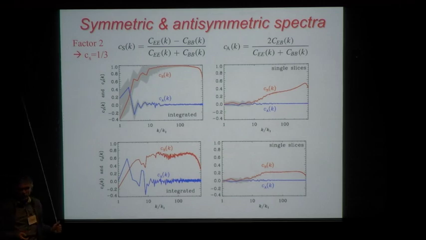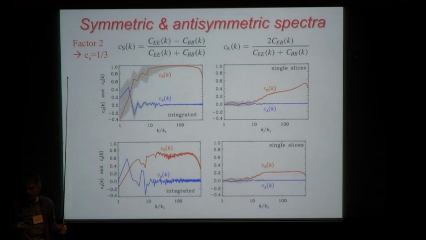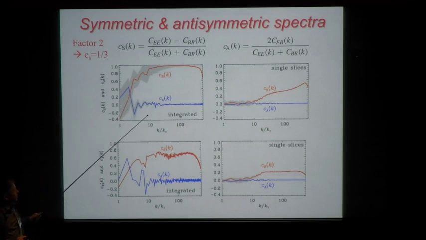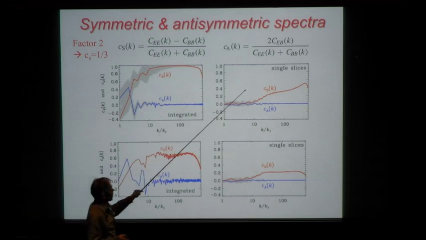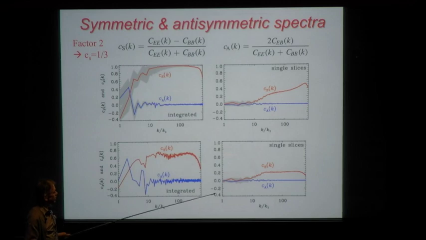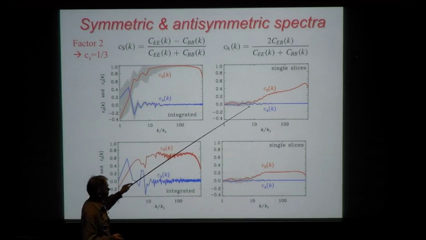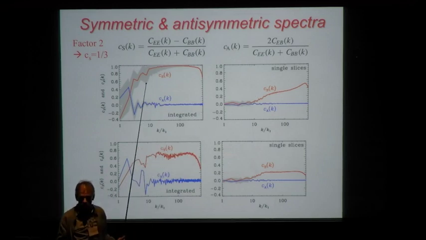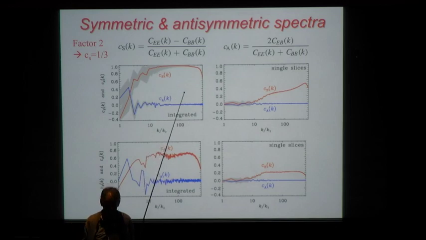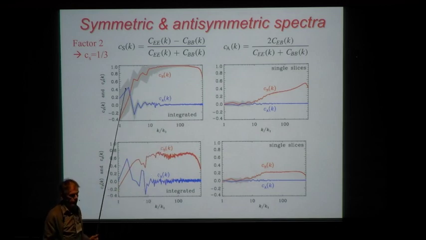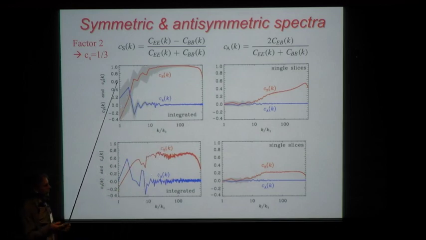So we can look at such maps in two different ways. On the one hand, we can look at the map in a single slice, and on the other hand, we can look at this in the integrated case, integrated along the line of sight, as you would do it for an observation.